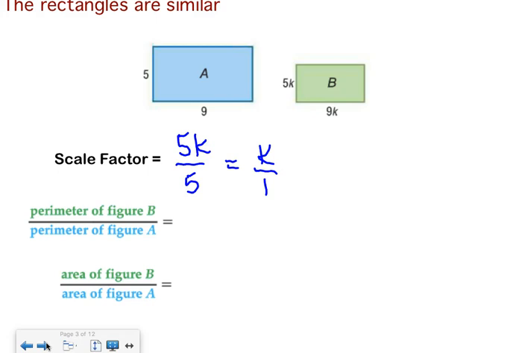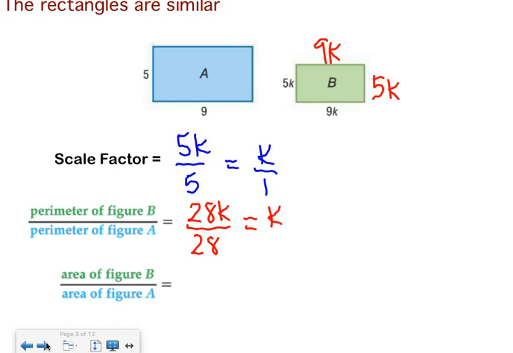What would the perimeter of B be? Perimeter of B. You guys agree? What would the perimeter of A be? Can I reduce this? To what?